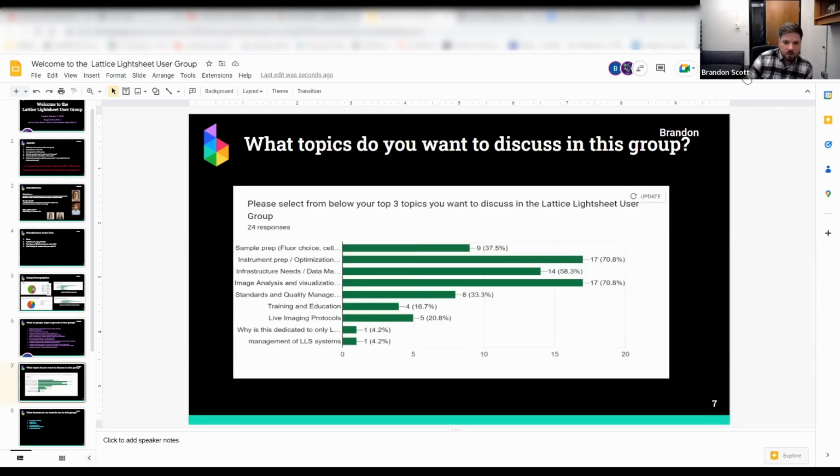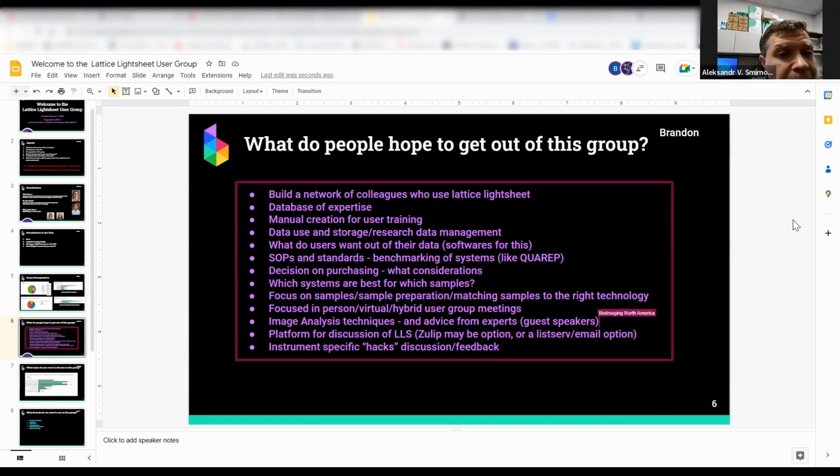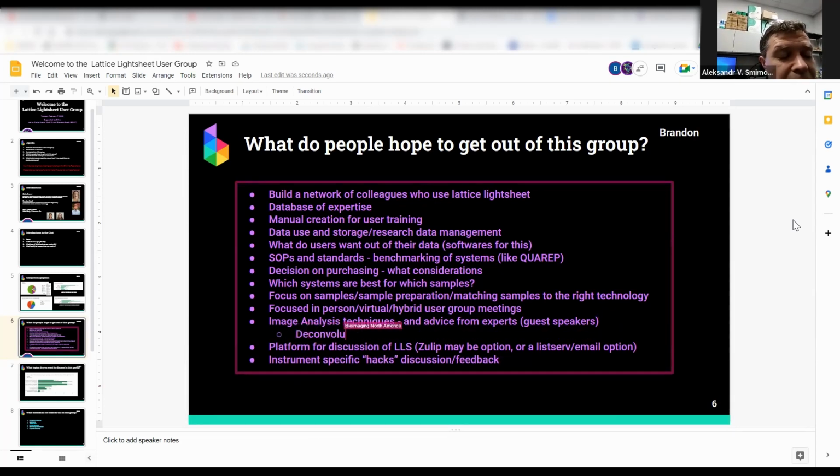Perfect. If I may add something, this is Alexander from University of Maryland. We have Zeiss Lattice Lightsheet, and some of our users require high resolution images. So if we could discuss at some point how to do proper deconvolution, skewing deconvolution, things like that, and what sort of processing artifacts people may see, and how to avoid those.